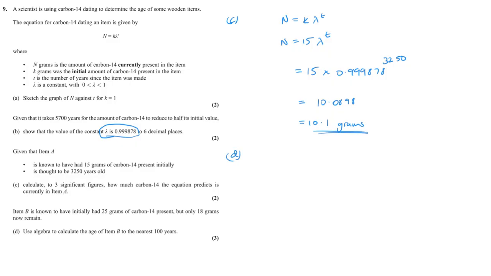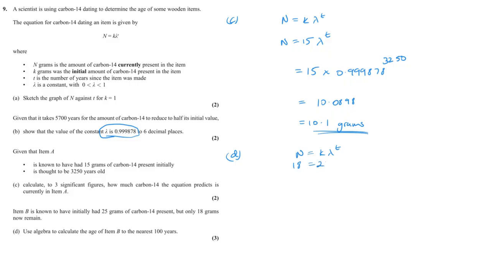Now item B is known to have initially had 25 grams, but now only 18 grams remain. Use algebra to calculate the age of item B. So we know it's n equals k lambda t. We know that n is 18 grams.